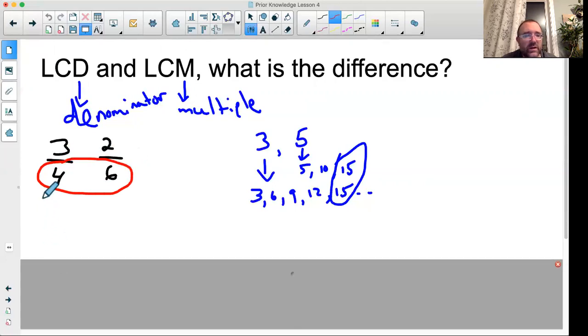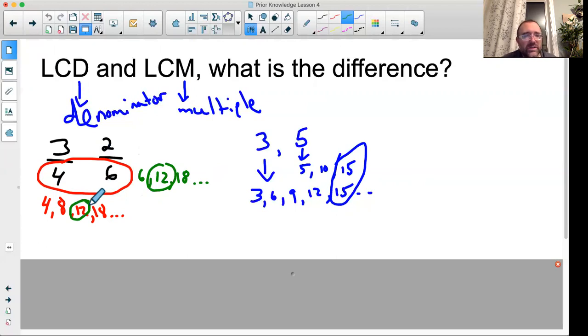So that would be 4, 8, 12, 16, dot, dot, dot. And then for the 6, we have 6, 12, 6 times 3 is 18, and so forth. And then we realize 12 is the lowest common multiple.